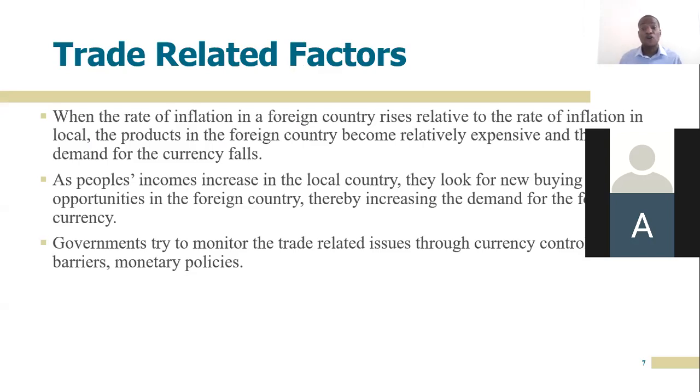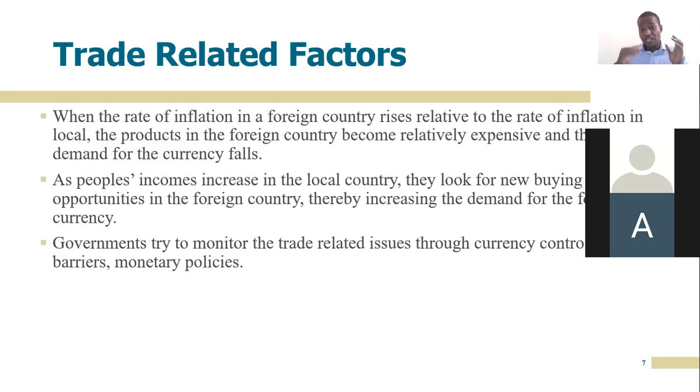Then you have governments. What a lot of governments try to do is regulate the currencies in manners regarding trade. So they'll issue tariffs, because they want to try to balance the imports.